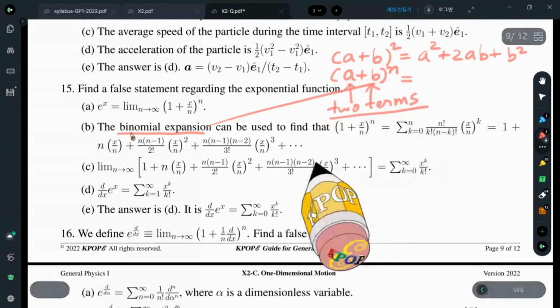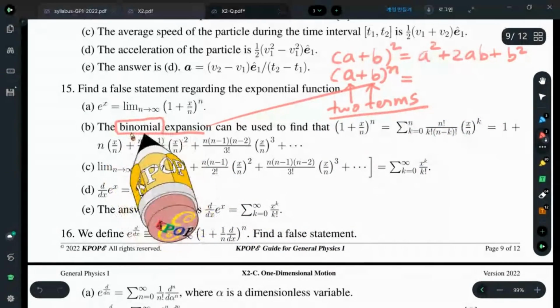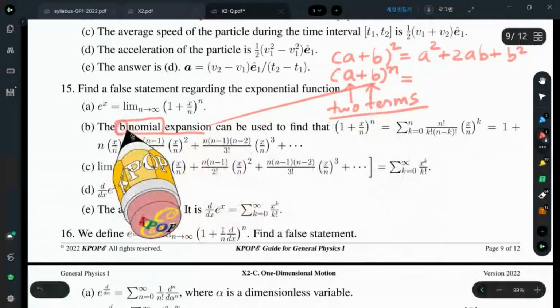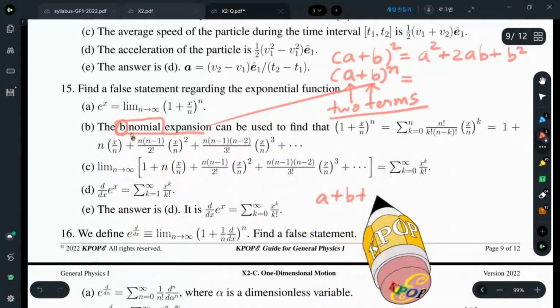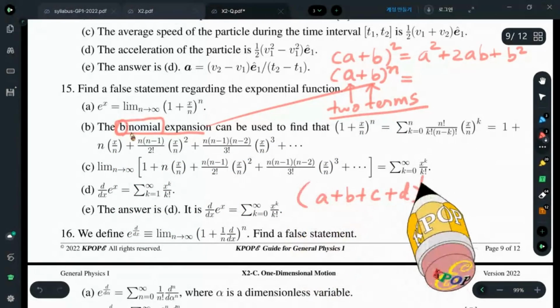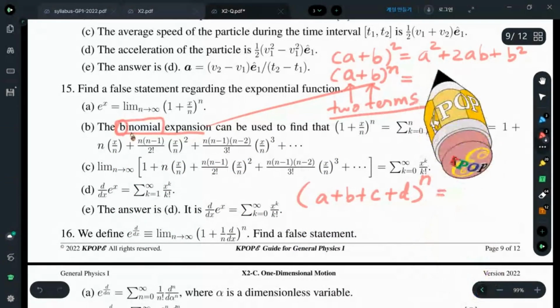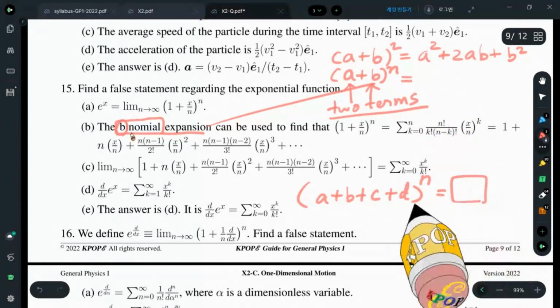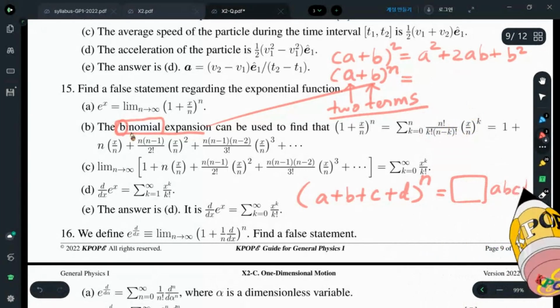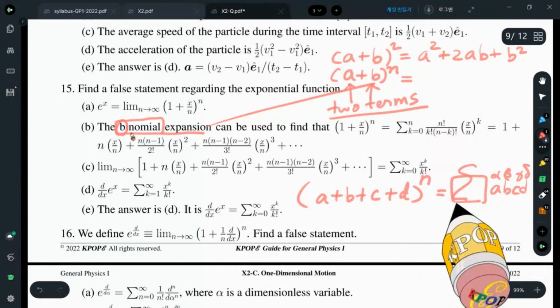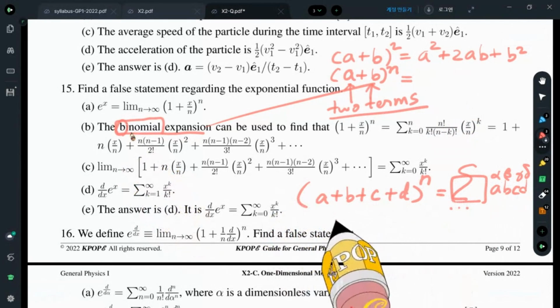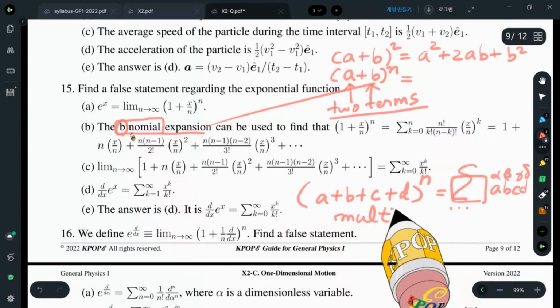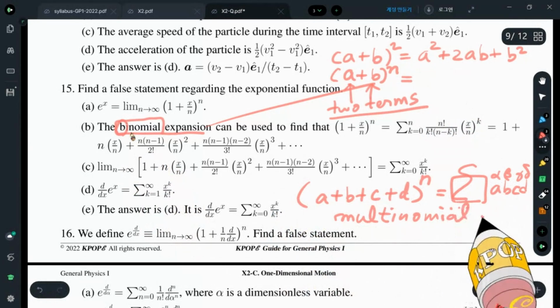So this kind of expansion is called the binomial because of bicycle, two. This method can be extended to A, B, C, D, and you know how to find the combination, this overall factor for A, B, C, D, alpha, beta, gamma, delta, sum over this. In this case, we say it is a multinomial expansion.